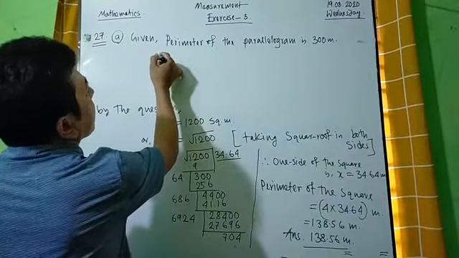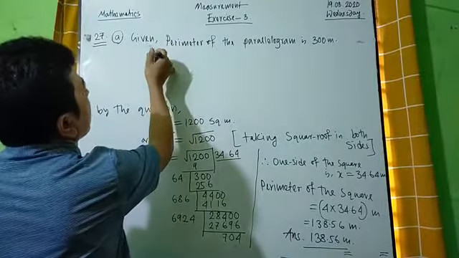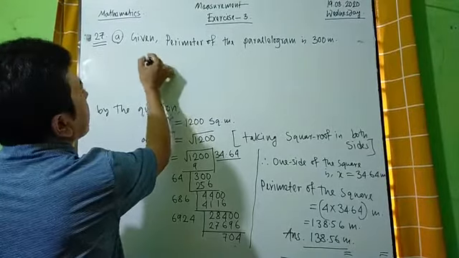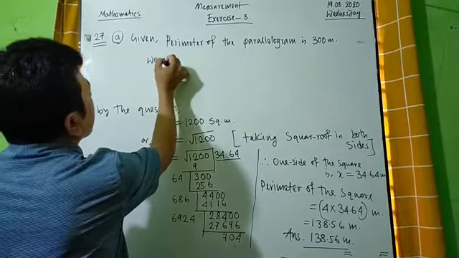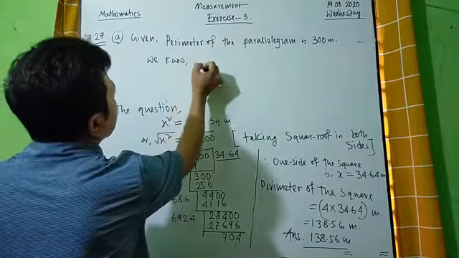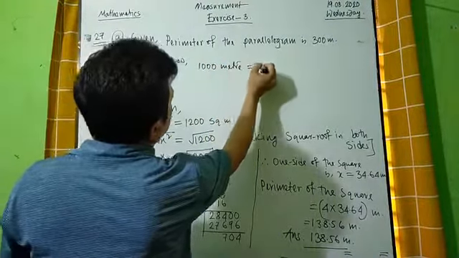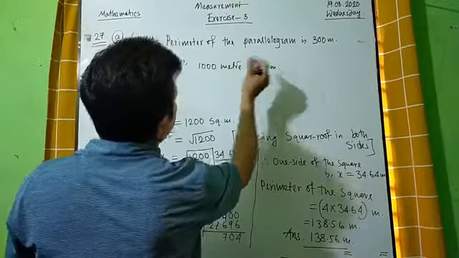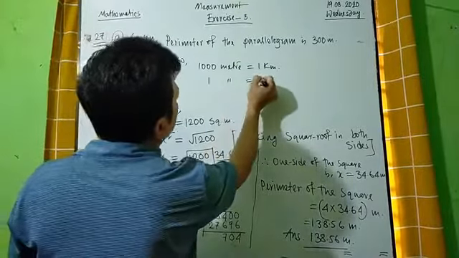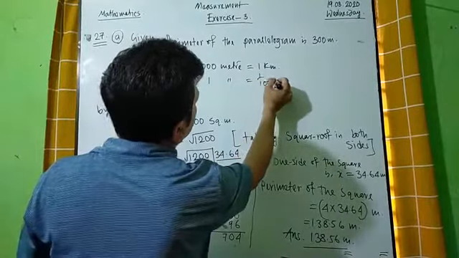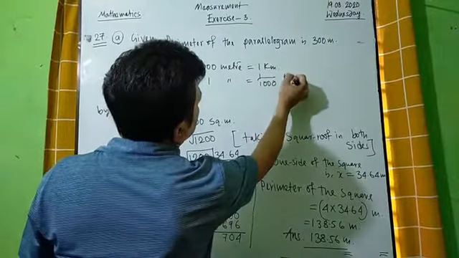We know 1000 meter equals 1 kilometer. So 1 meter equals 1 divided by 1000 kilometer.